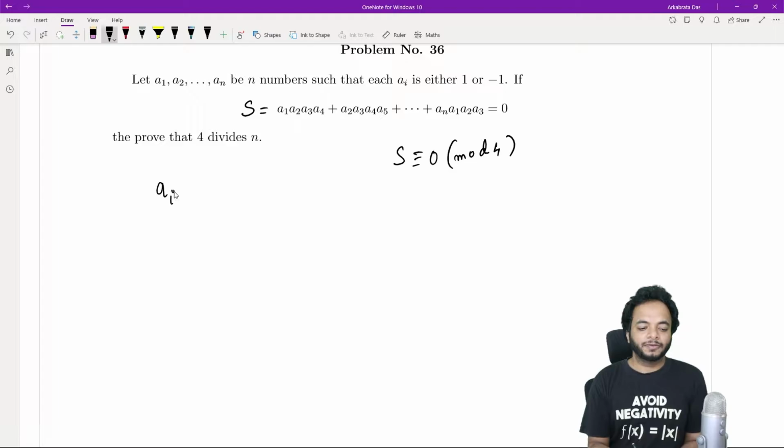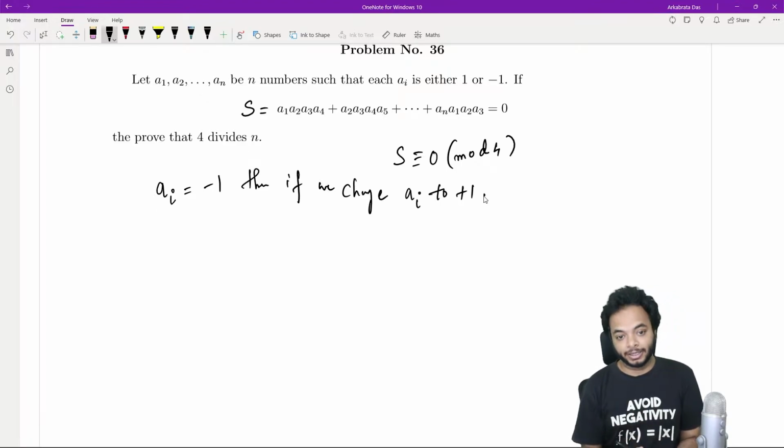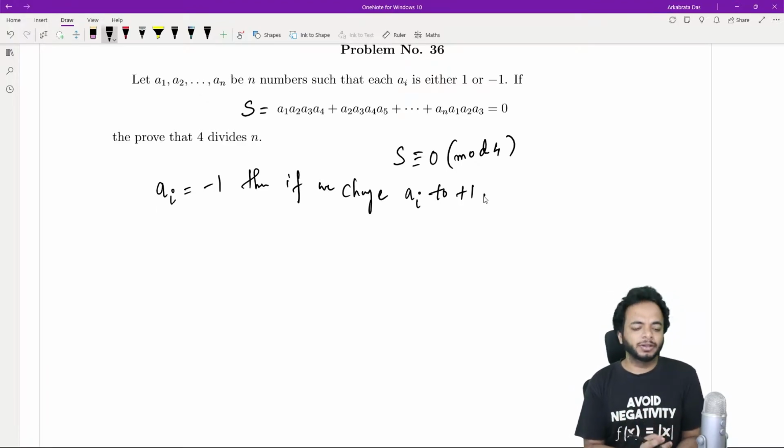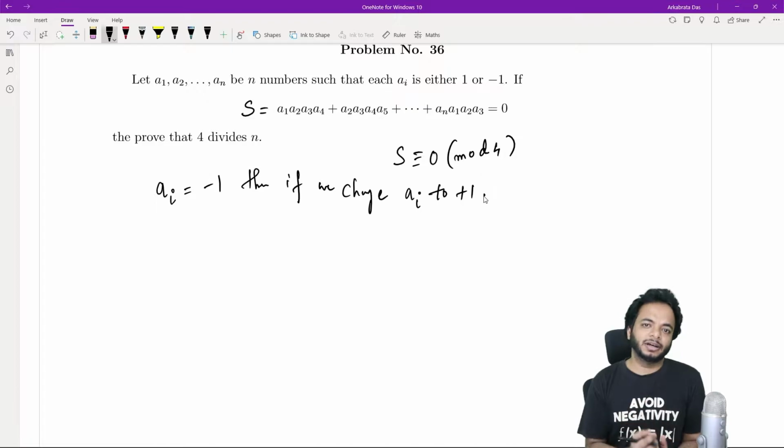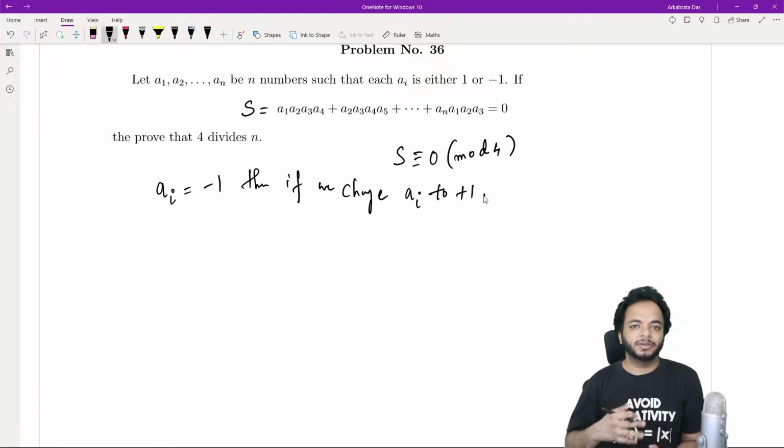So if ai for some particular i is -1, then what will happen if we change ai to +1? For example, suppose a2 is -1 and we are changing it to +1.